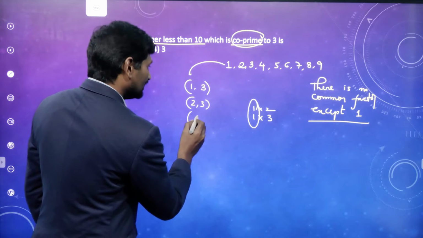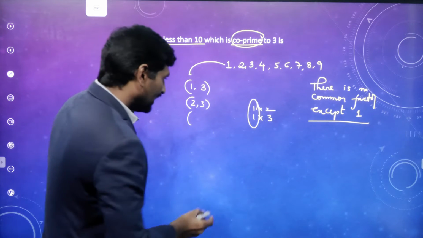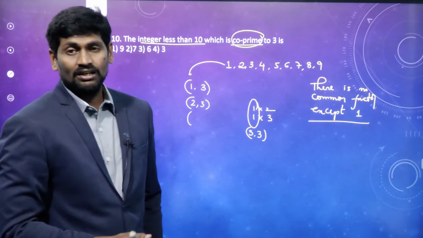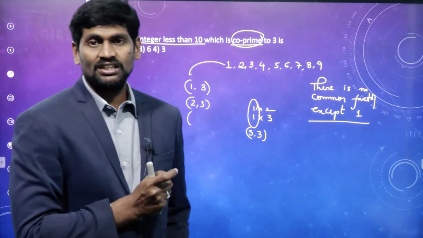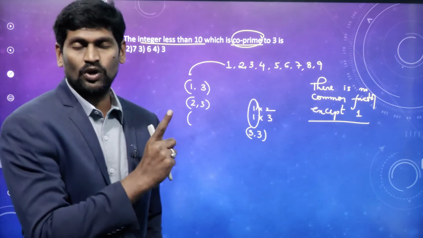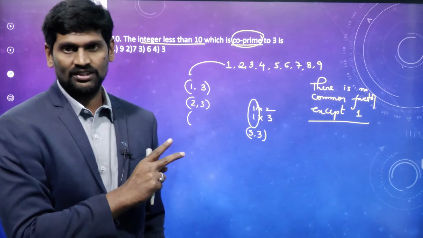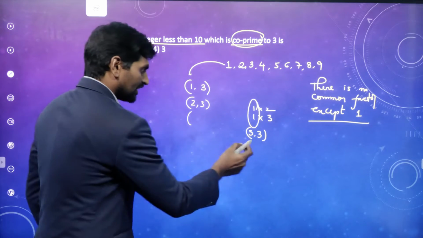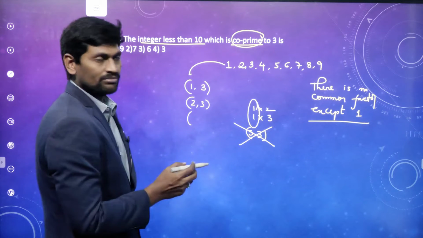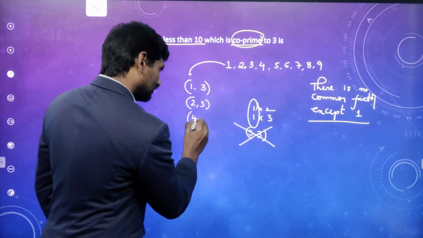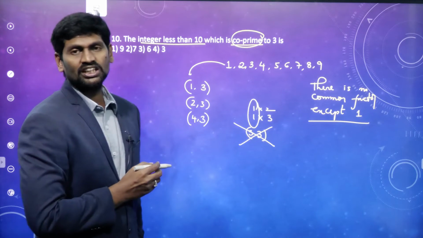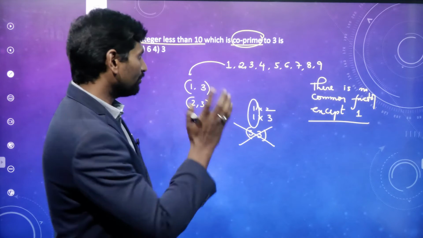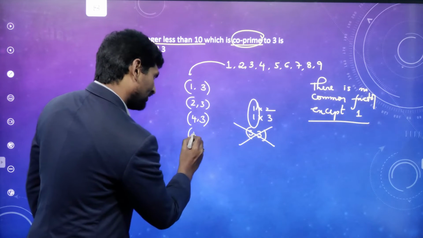Check with 3 itself. 3 and 3 are not co-primes because there are two common factors, 1 and itself. Am I right? 3 is also a common factor between 3 and 3. So 3 and 3 we are not considering as co-primes. Next, 4 and 3. 4 and 3 are also co-prime numbers because there is no common factor except 1. 5 is a prime number.